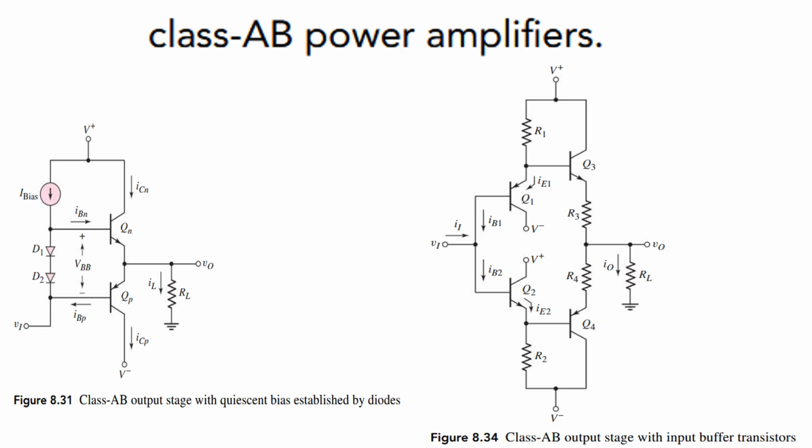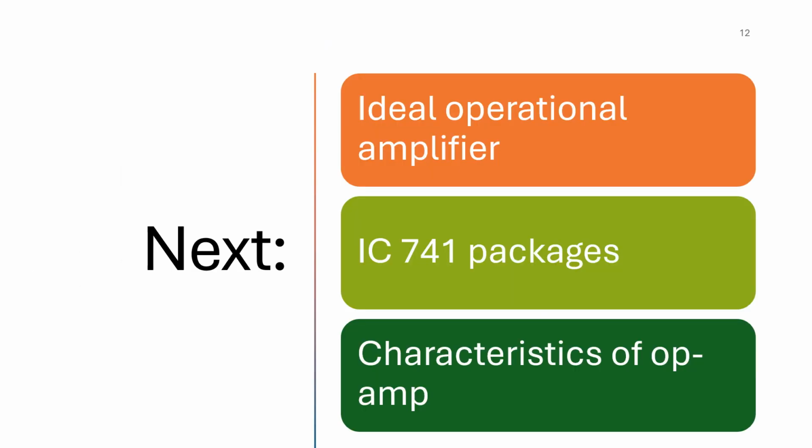So finally we'll get the output across RL. It can be designed based on D1 and D2, that is two different diodes. Similarly, on the right side, if we check, the class AB output stage comes with the input buffer transistor. So here we can use the transistor as well to design the class AB type of amplifier.